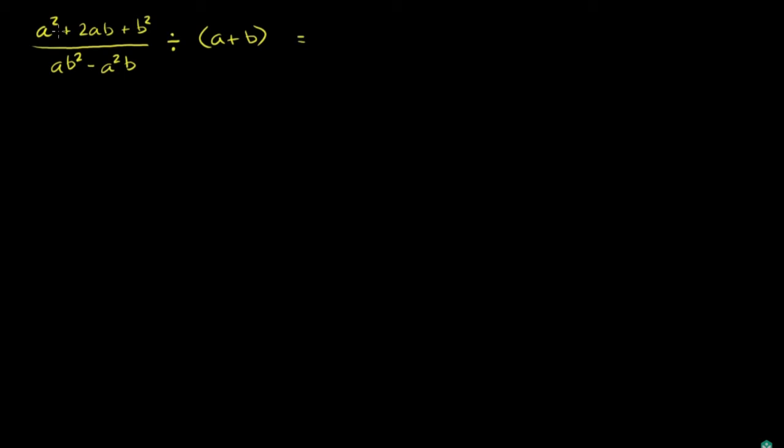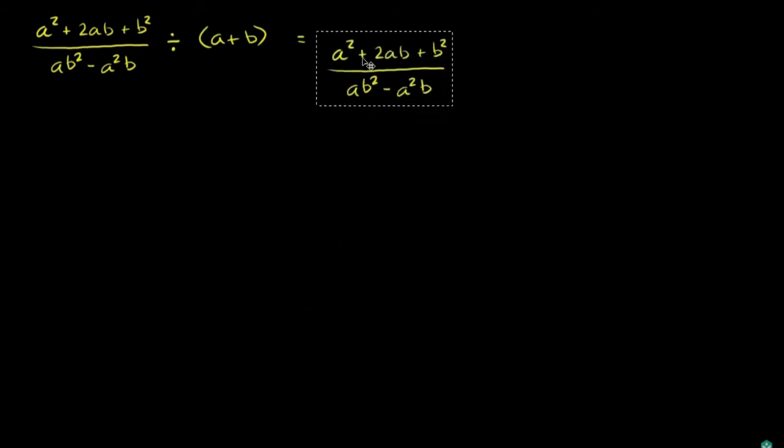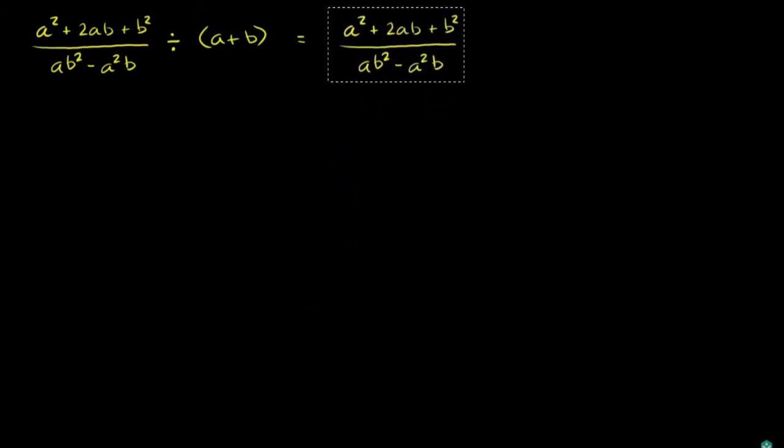So if we divide and then factor, this is equal to this whole expression. Let me just copy and paste it. That's probably the easiest thing to do. It's equal to that expression times the inverse of this. If I divide by something, that's the same thing as multiplying by the inverse, as multiplying by 1 over a plus b.